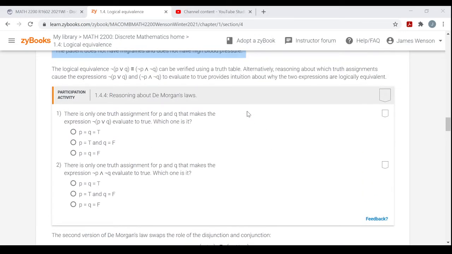All right. So let's take a look. Reasoning about De Morgan's laws. There is only one truth assignment for P and Q that makes the expression not (P or Q) evaluate to true. Which one is it? Well, you can run through these. I don't know why this would be De Morgan's, but you know what?